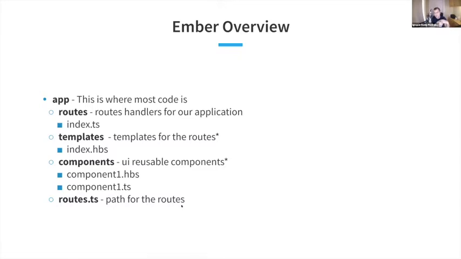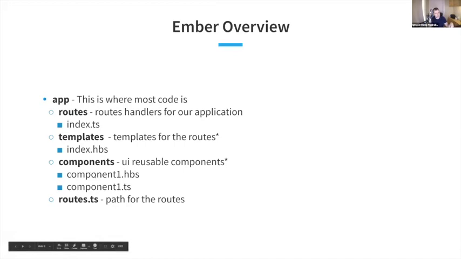You write a path, and then it goes to a handler, and over there it renders a template for that route, which is in templates. And then in that template, you add components like a navbar, sidebar, a filter, search bar, whatever, right?